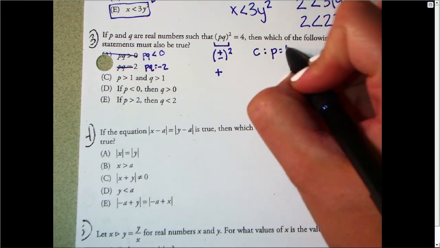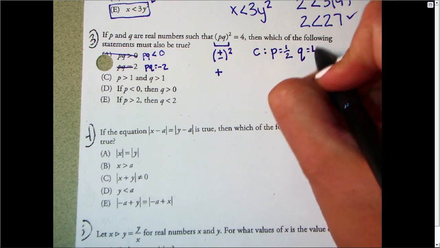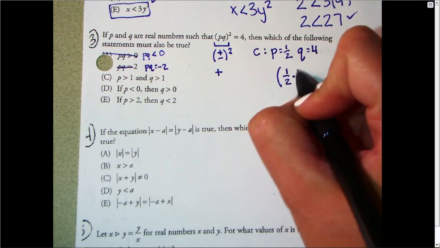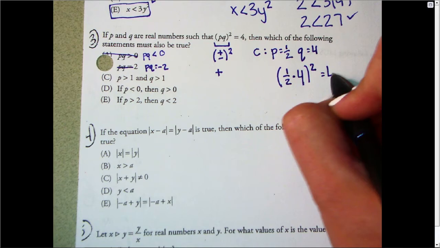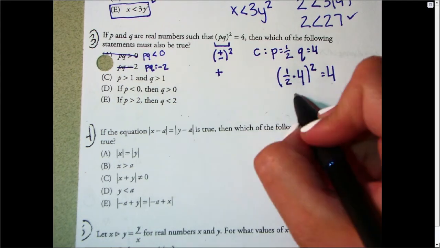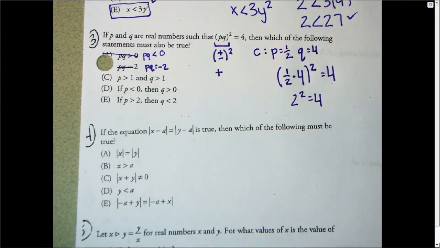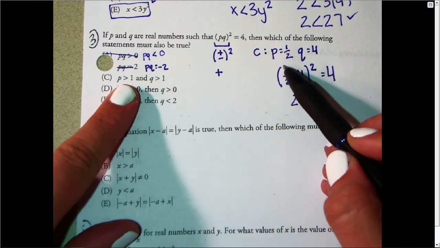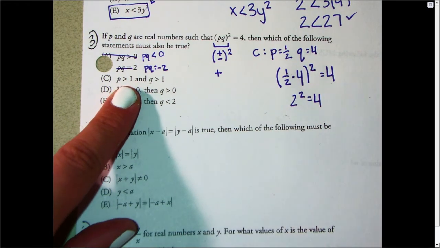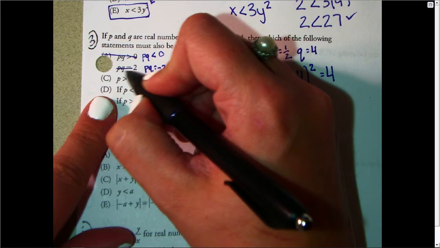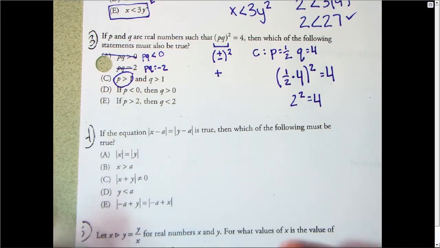P could equal 1/2 and q could equal 4, because 1/2 times 4 squared would still be 4. Half of 4 is 2. 2 squared equals 4. So p in this scenario is 1/2. P could be less than 1. So this makes it to where that doesn't necessarily always have to be true.